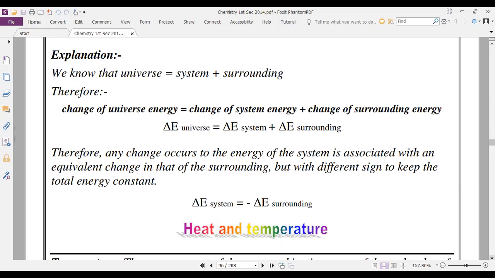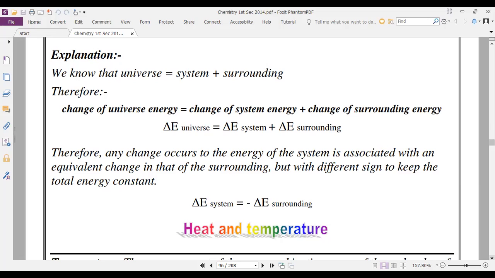Therefore, any change that occurs to the energy of the system is associated with an equivalent change in that of the surrounding, but with a different sign to keep total energy, as, for example, energy absorbed and energy released.